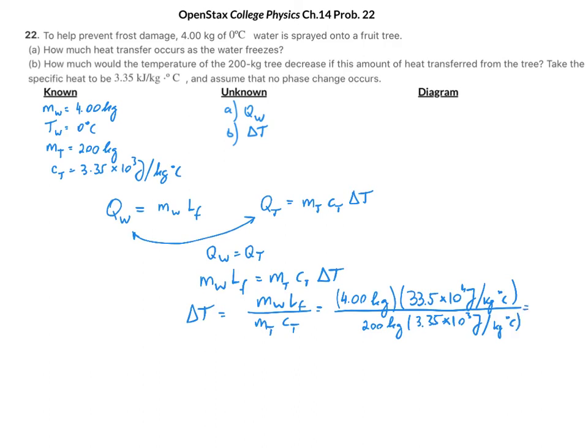And when we plug these numbers into our calculator, we end up with 2 degrees Celsius. So the temperature of the tree would decrease by 2 degrees Celsius.